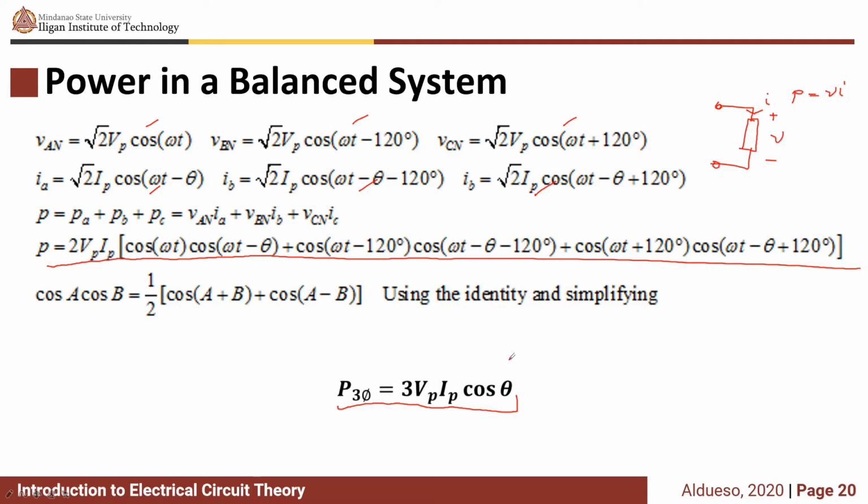So this cosine of theta, if you have a phase, the magnitude G, angle of theta. This theta right here depends on the angle of the load impedance.